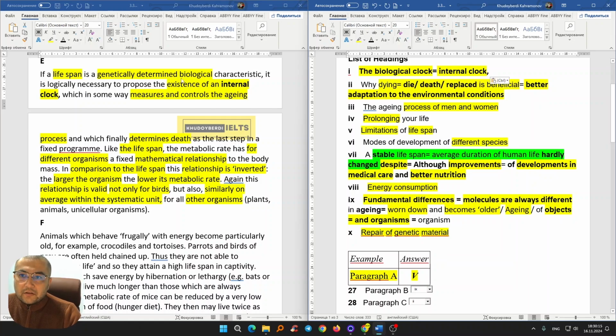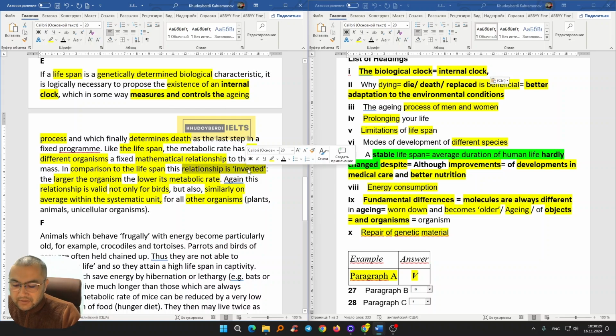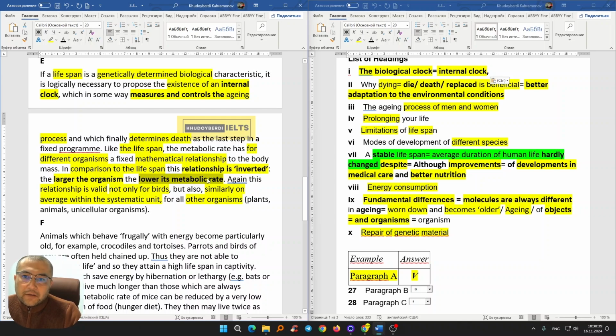And this clock can measure and control our aging process, and this can somehow measure and control because the relationship is inverted, which means the larger the organism, the lower its metabolic rate, which means if you are big, you will have a big chance to live longer.